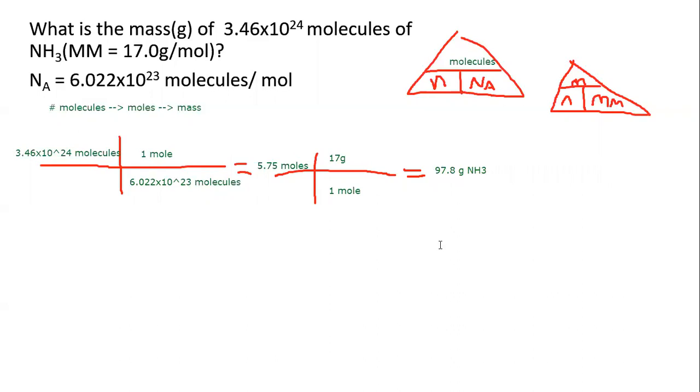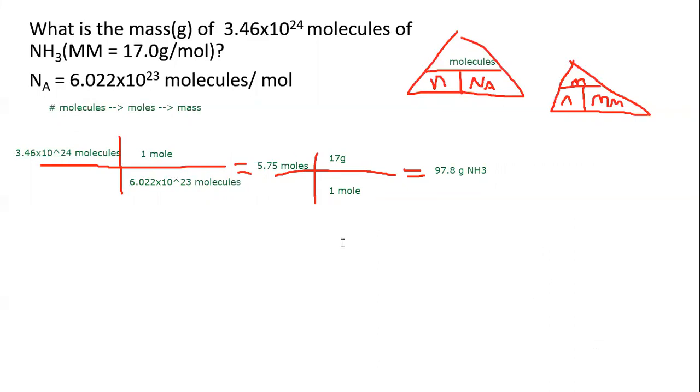So that's the mass of 3.46 times 10 to the 24 molecules of ammonia. So again, what we did is we took molecules, converted to moles, converted it to mass. To go from molecules to moles, we divide by Avogadro's number. To go from moles to mass, we multiply by the molar mass.